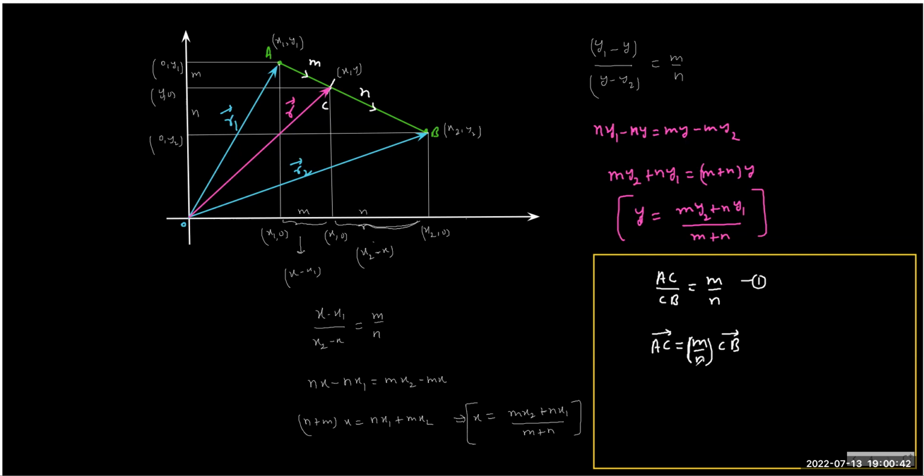It is saying that the length of AC is M upon N times the length of CB. Or you can say, if you multiply the length AC N times, and if you multiply the length CB M times, both become equal. Oh, that's nice. So from the scalar definition, I convert it into vector notation. Now that is the second step.